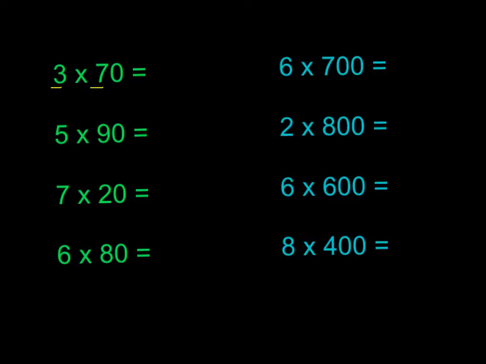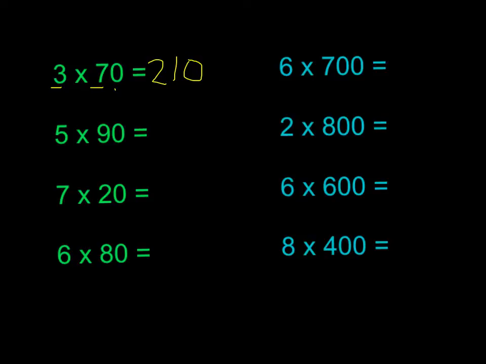I know that 3 times 7 is 21. If I have a 0 here, I'm going to add a 0 to my answer. So 3 times 7 is 21 plus a 0 at the end. So 3 times 70 is 210.